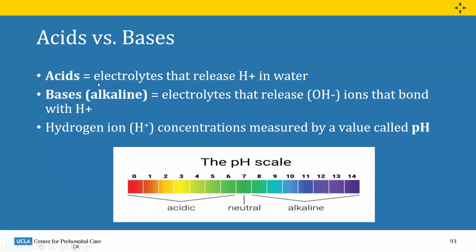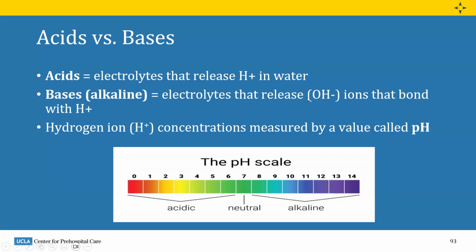So let's talk about acids and bases, because this is essentially going to determine our pH level in our blood, which is a very small scale. So our acids are electrolytes that release hydrogen ions in water, and bases, which we also consider alkaline, are electrolytes that are going to release hydroxide ions that bond with hydrogen, right?